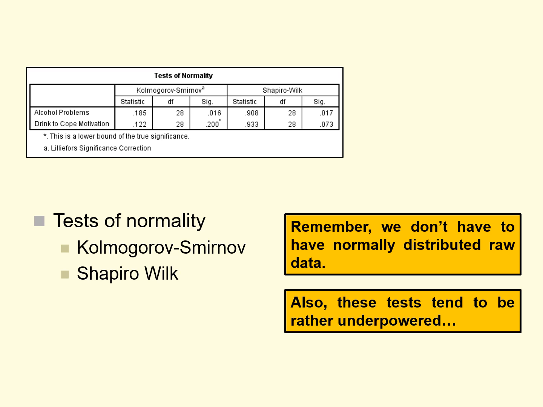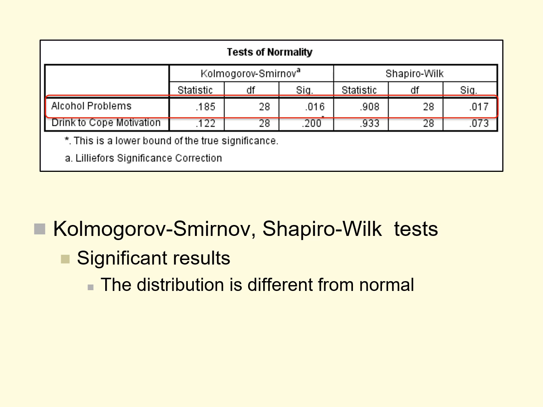So the fact that our normality test is suggesting non-normality shouldn't bother us too much. I've also included the caveat that these tests tend to be really underpowered anyway, so it's probably not worth looking at them too much. But because I've done them, just to highlight, both of these tests are significant, meaning that the distribution for alcohol problems is significantly different from normal.